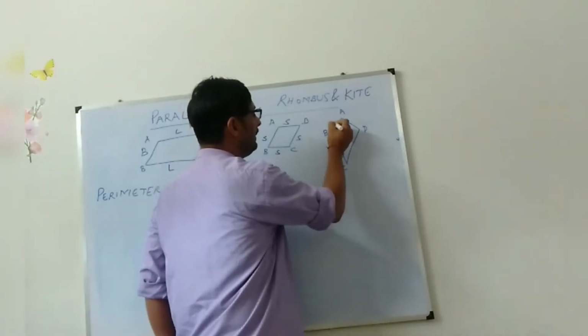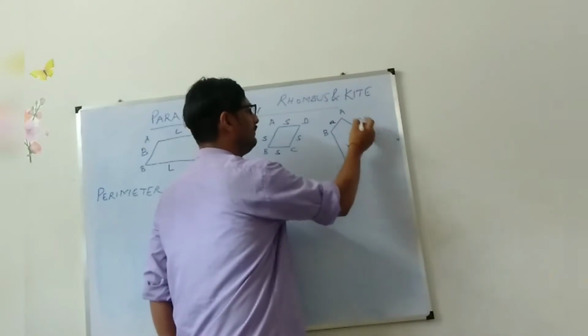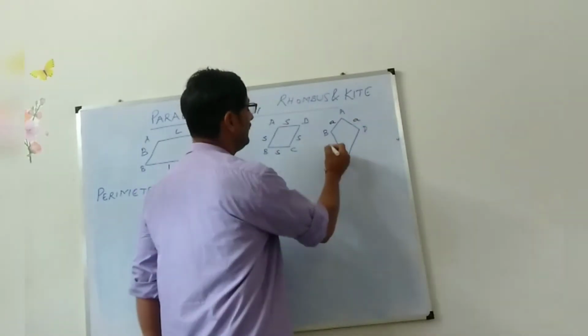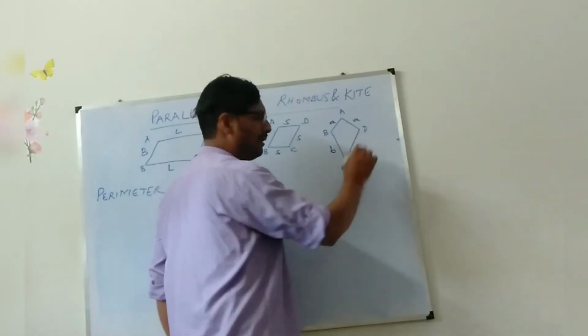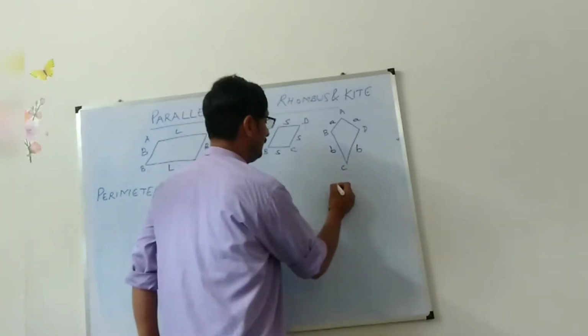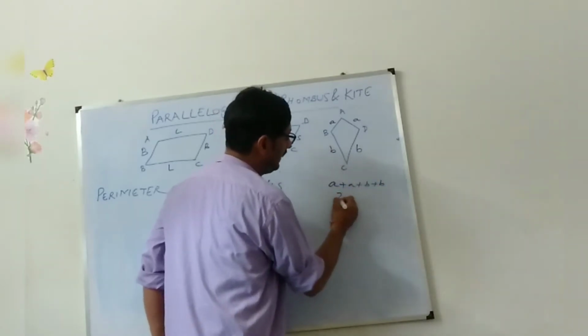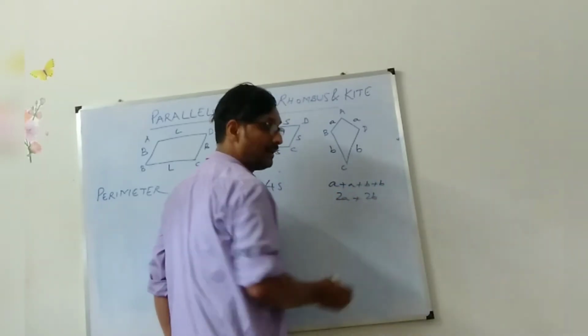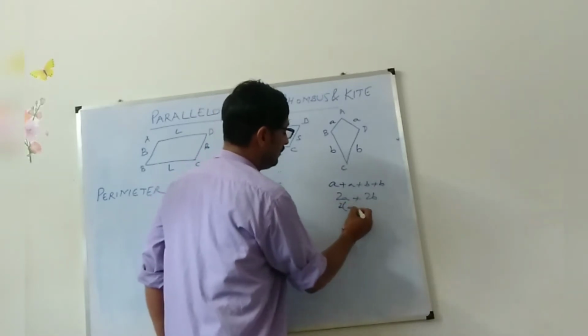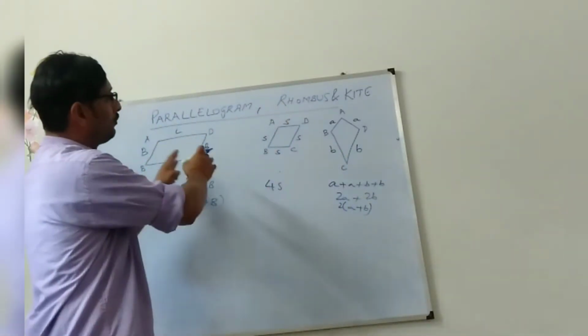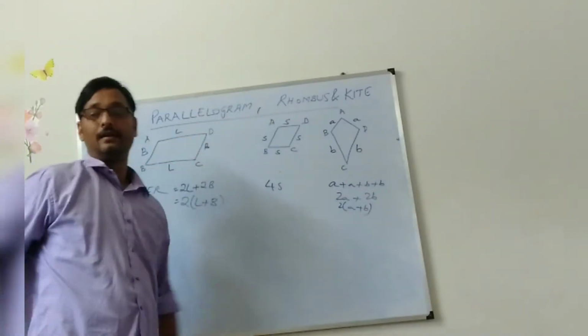If I name this A, this one will also be A because both are the same. If I name this B, then this one will also be B. So A plus A plus B plus B. How many A's are there? 2 A's. How many B's? 2 B's. What is common? 2 within brackets, A plus B. So this is the perimeter of a kite.